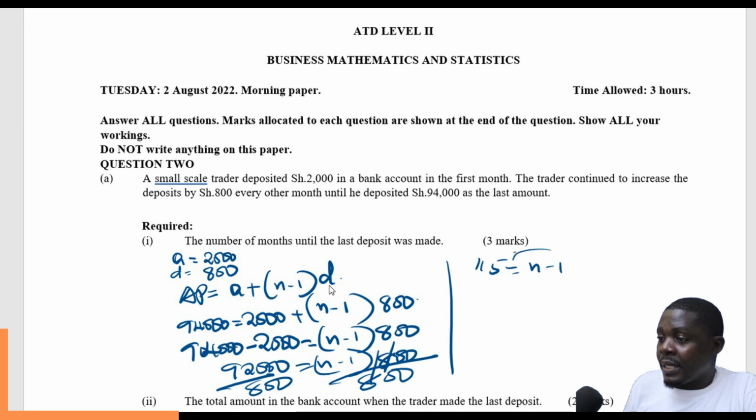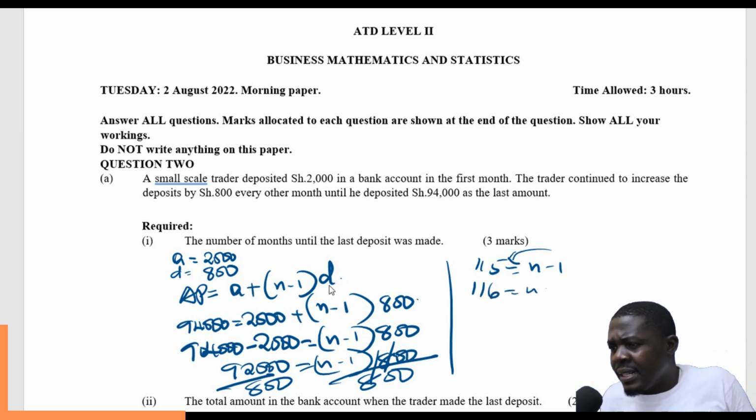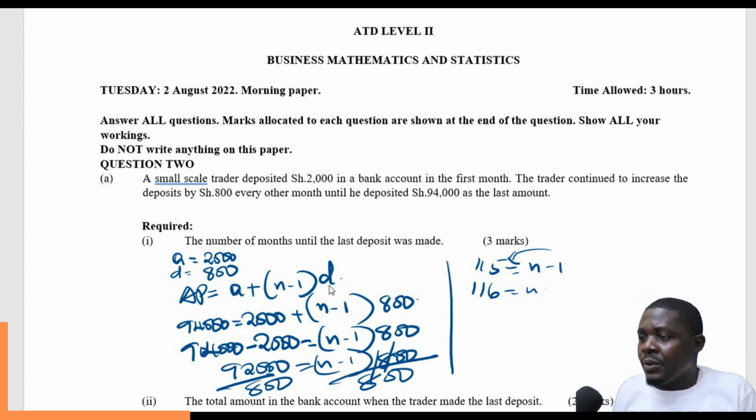When 1 comes this side it becomes positive, so we have 116 is equal to N. The number of months that this trader was depositing was 116 months.